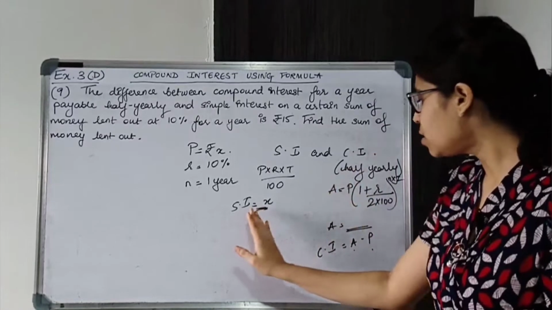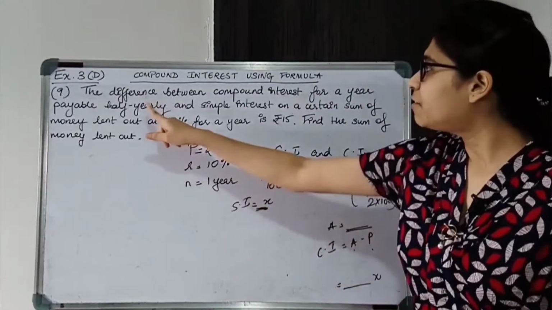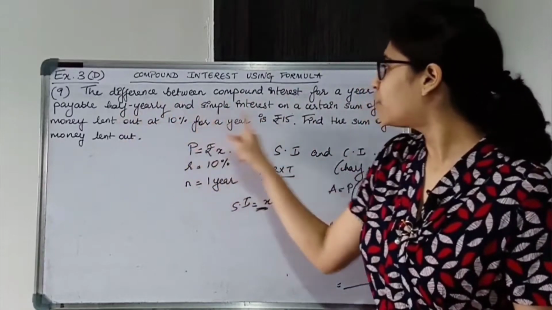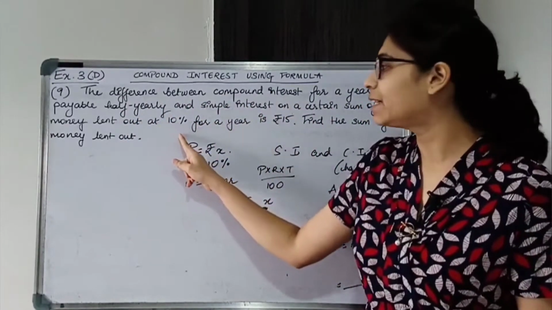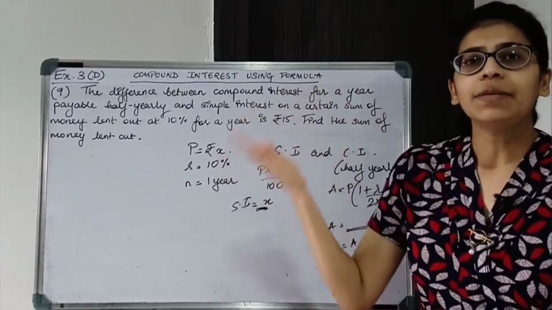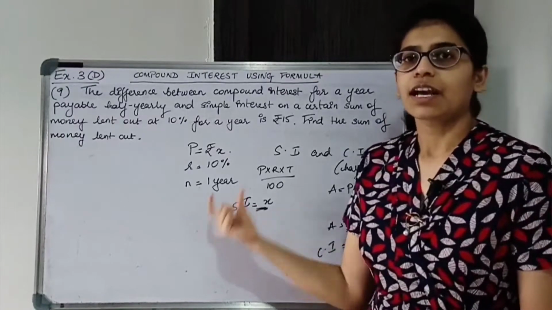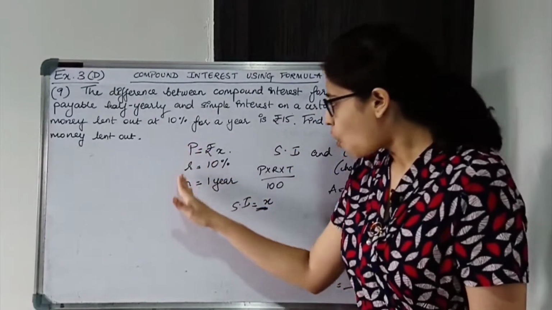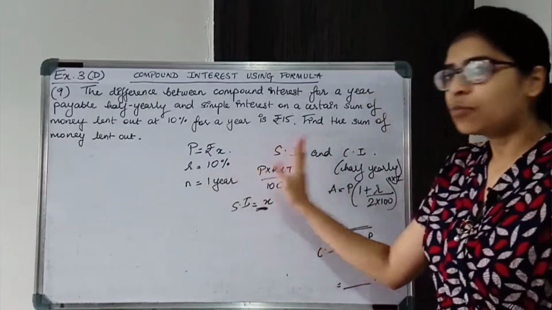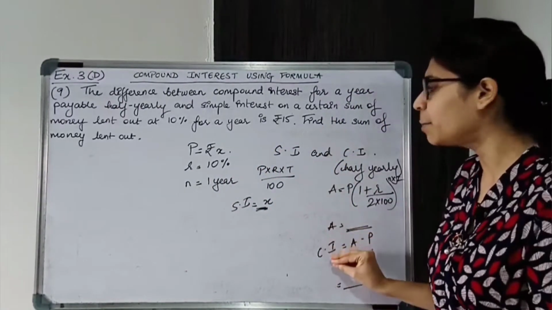Alright. Once you get simple interest and compound interest, it's very easy. The difference between compound interest and simple interest is rupees 15. Which one will be greater? Compound interest will be greater than simple interest. I've always told you, if these three are common for both simple interest and compound interest, compound interest is always greater than simple interest.